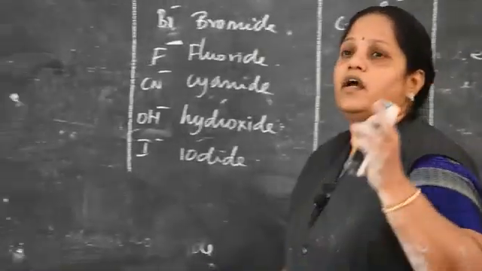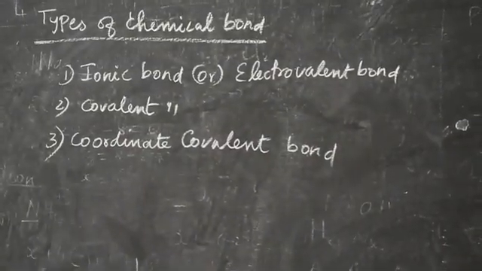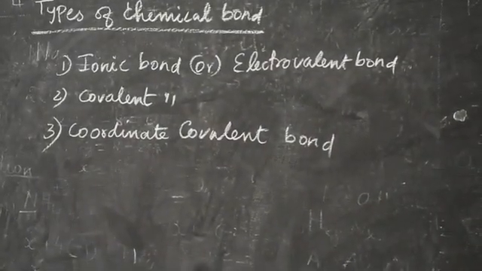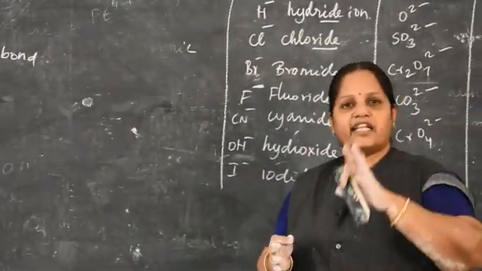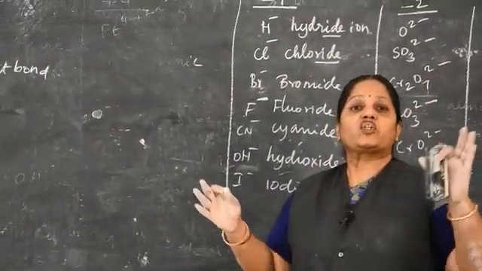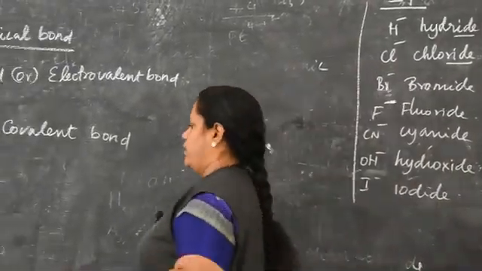So between metal and non-metal, what kind of bond is it? Your answer is ionic bond. A force existing between a positive ion and a negative ion by electrostatic attraction is nothing but ionic bond.